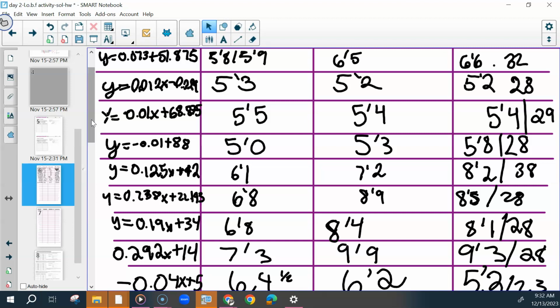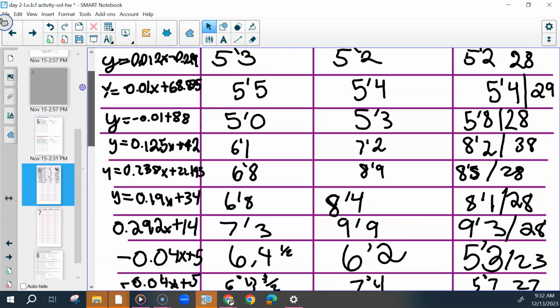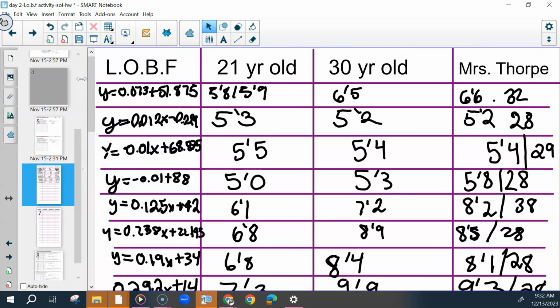Also, some of your line of best fits are negative. Sometimes you shrink in age. The older you get, sometimes you shrink. Sometimes that's dealt with health and medical issues. Sometimes it's not. Or accidents and stuff like that. So realistically, some of these are accurate, some of them are not, but it also depends on genetics and so many other variables that this data, there's no real correlation to it.